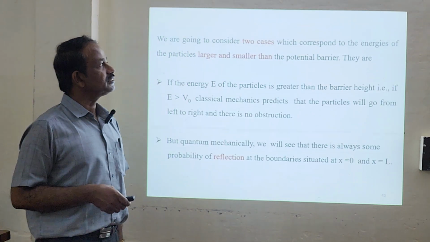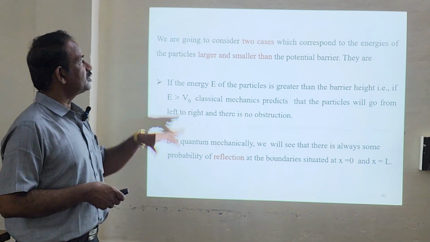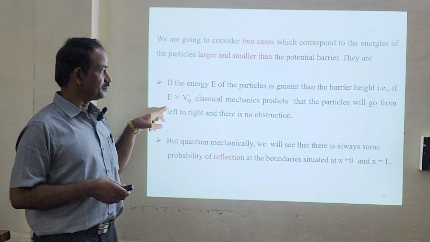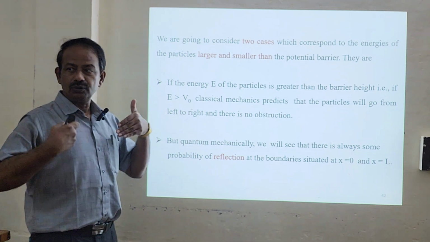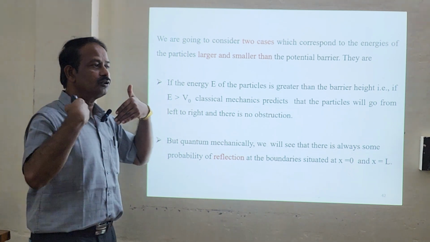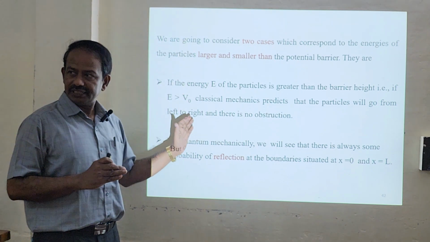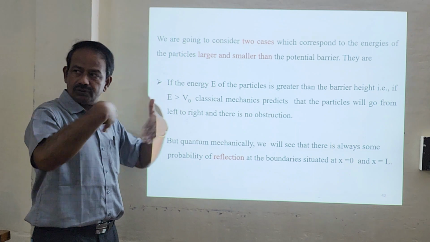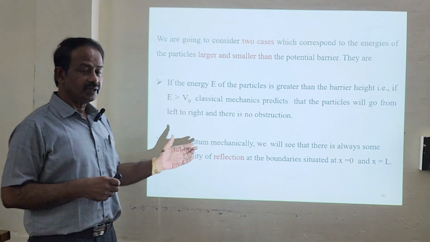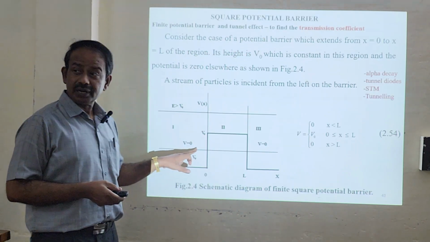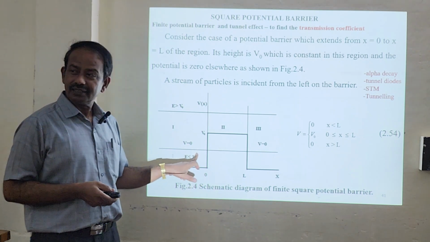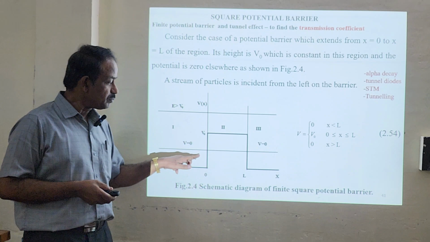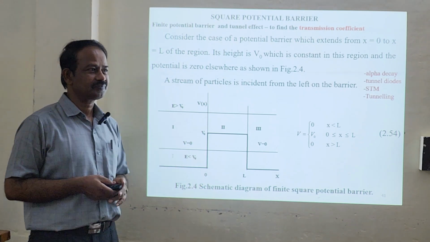We are going to consider two cases, corresponding to particle energy larger and smaller than the barrier. Classically, if the energy is greater than V0, the particle can go from left to right, with no reflection. Whereas quantum mechanically, there is a chance of penetrating into the barrier, and some particles can be reflected.